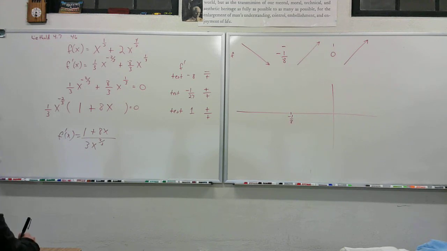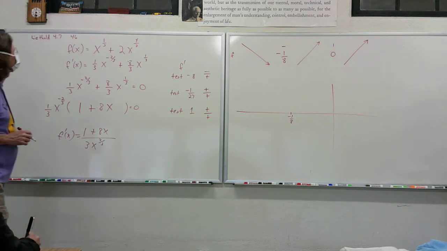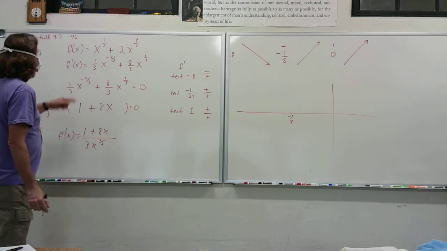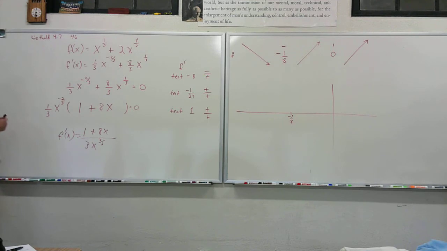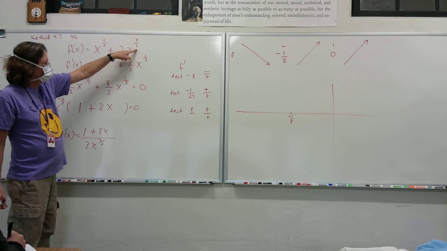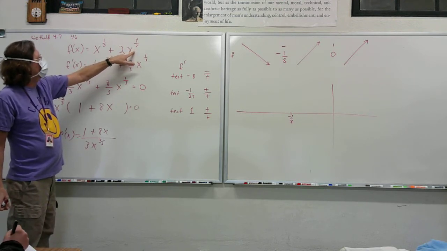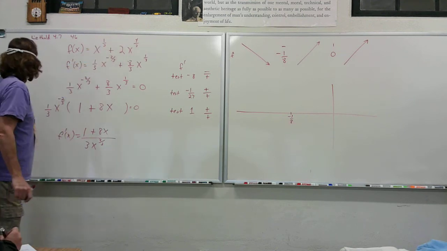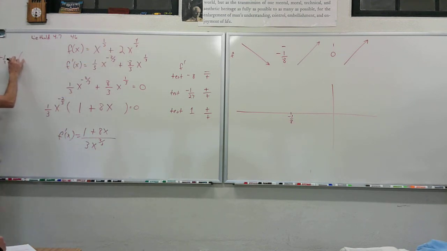Okay, so I put negative 1/8 back in the original because I want a y value. Fair enough? I put negative 1/8 back in the original, and the cube root of negative 1/8 is negative 1/2 plus 2 times 1/2. If you take the cube root of negative 1/8, you get negative 1/2, but then you raise it to the fourth power, it's going to become 1 over 16. Now, some of y'all can't do algebra in your head.